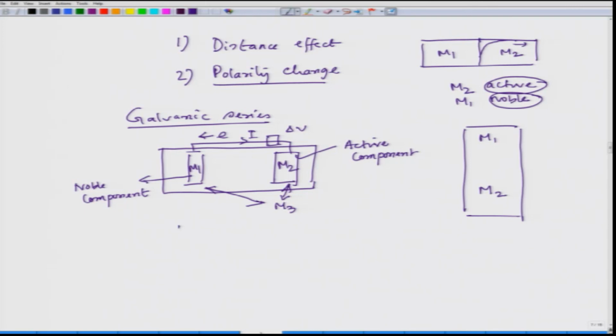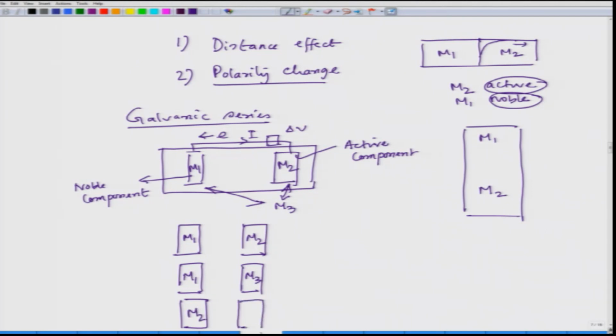For example, if we have M1, M2, then M1, M3, and then another couple we can have M2, M3. So, we need to see the voltage difference between these two in that particular solution.